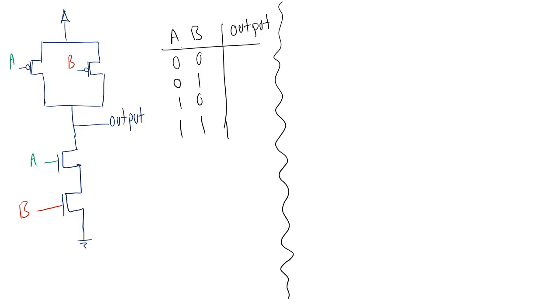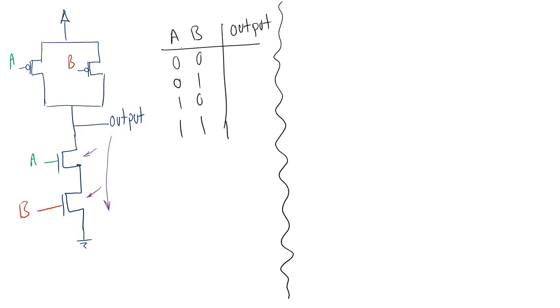Okay, so let's actually solve this together. So first, 0, 0. Before actually analyzing the circuit one by one, let's try to see if we can get any intuition about this circuit. I can see that I have two transistors in series with each other from output to ground, right?